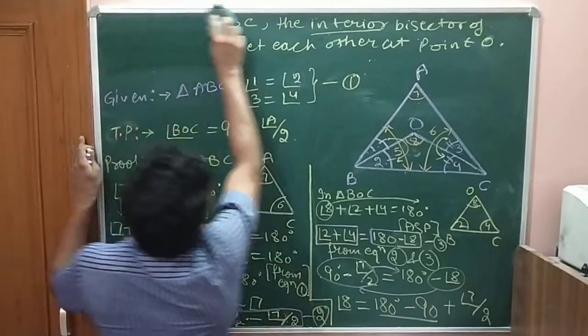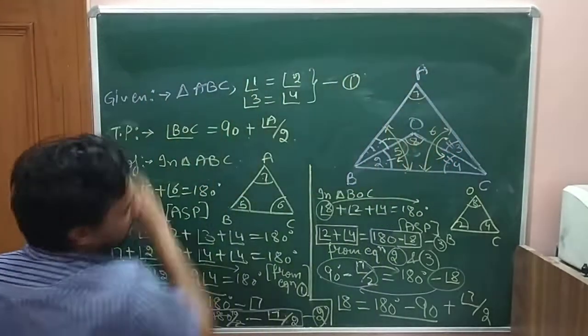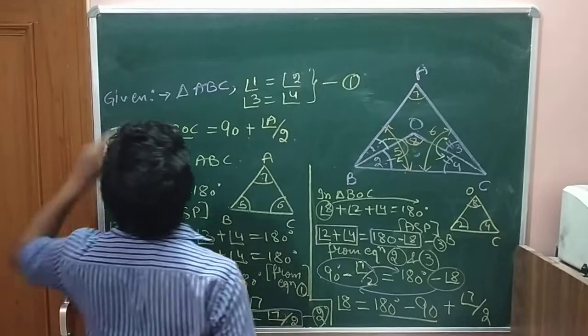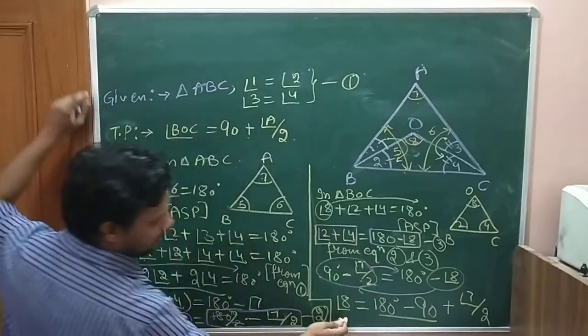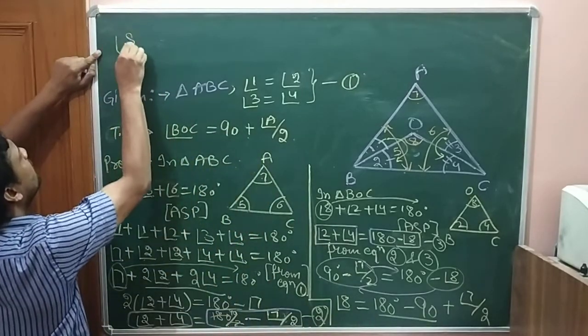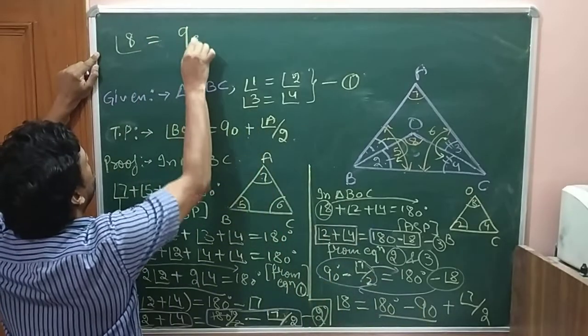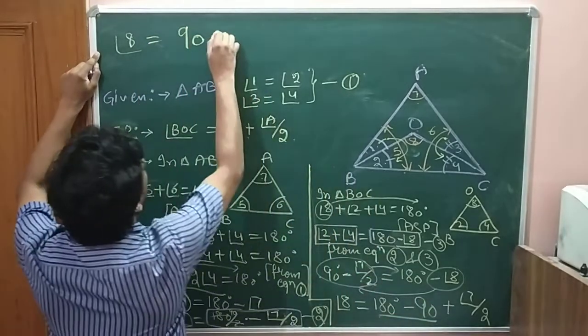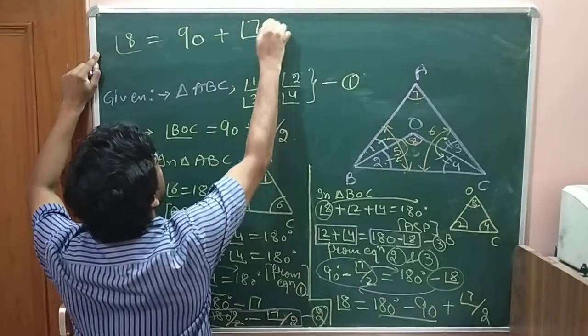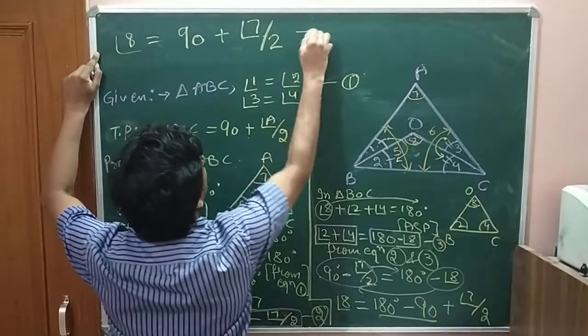Sir, please write the question, okay? Now after this, angle 8 left equals to 180 minus 90, 90 plus angle 7 upon 2.